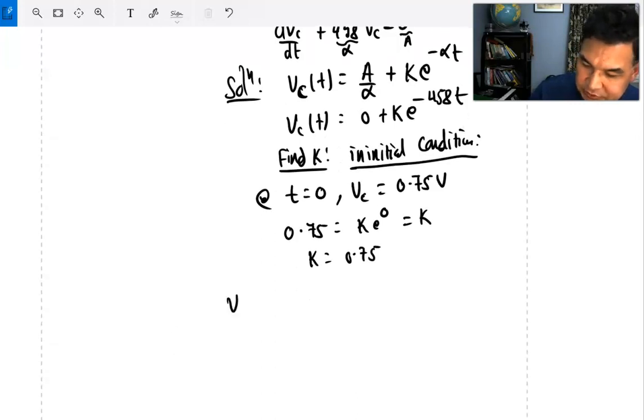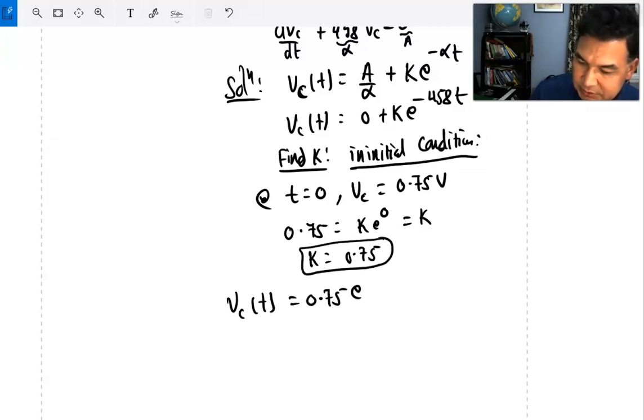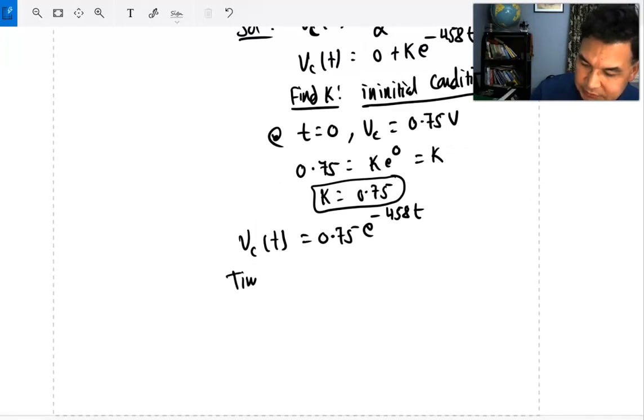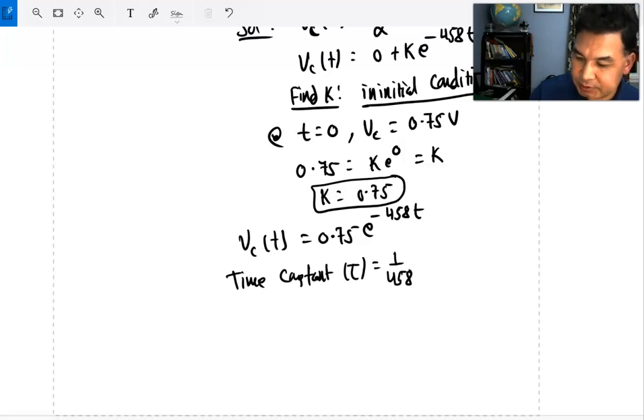And now our general solution is, this is how the voltage across the capacitor gets discharged: 0.75, because K is this, e to the negative 458 t. And now, what is the time constant of the circuit? The time constant, tau, is just 1 over 458 if you compare this with t over tau, right?